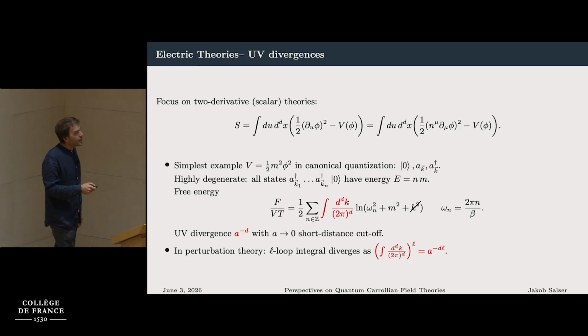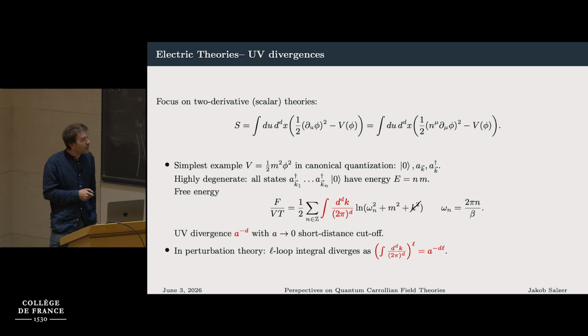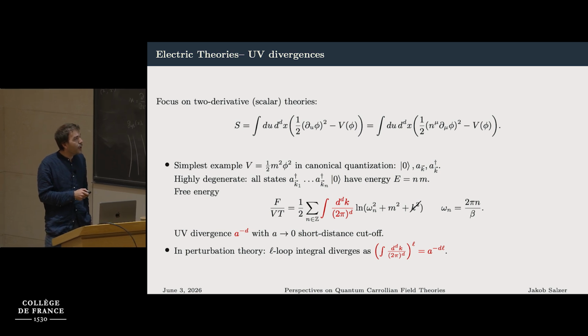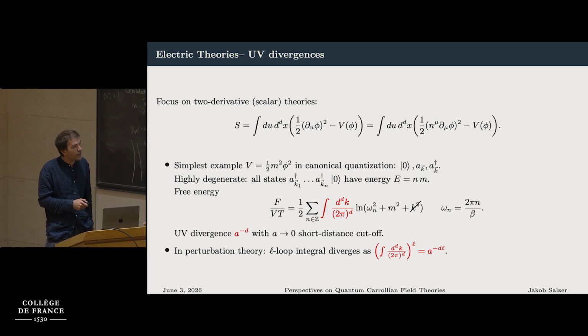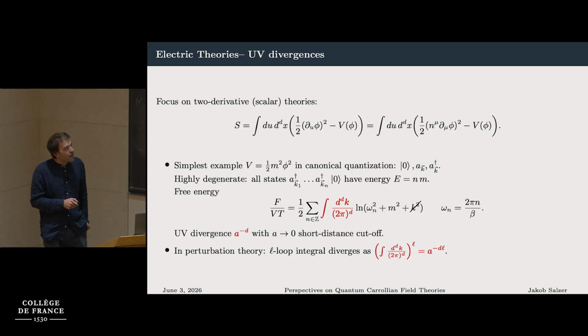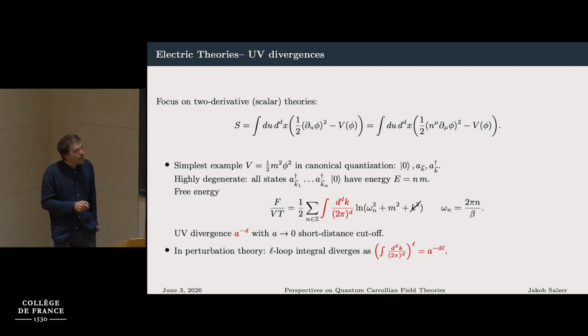So all of these states have the same energy, and you can also look at something like the free energy. You have the Matsubara frequencies, and then k squared, which is absent in this case. Then you still have to do these k integrals here, but they have nothing to integrate over.